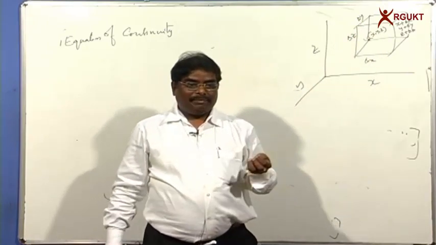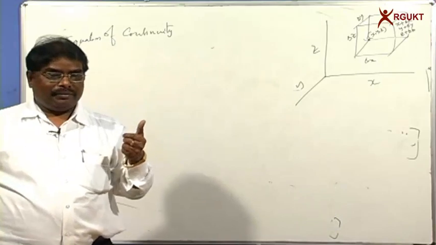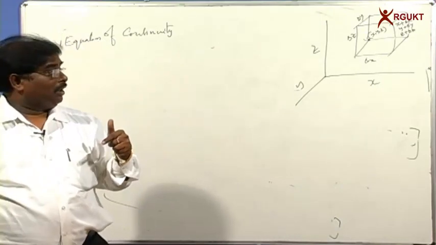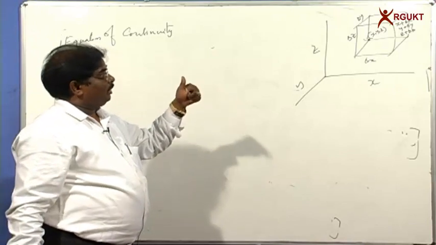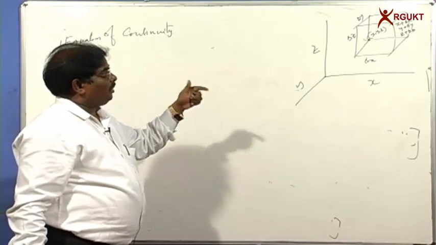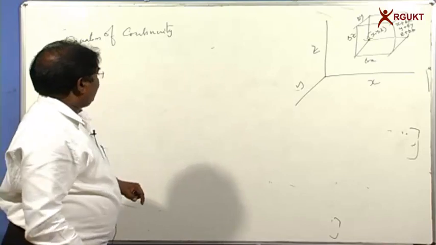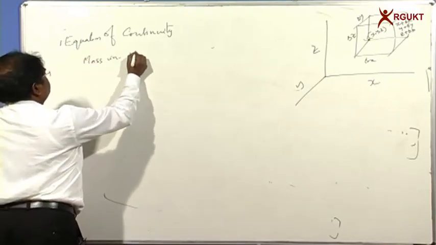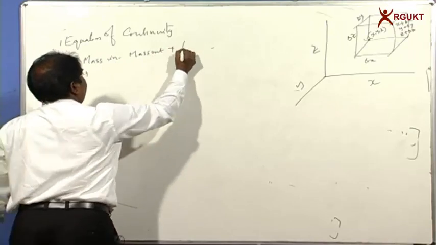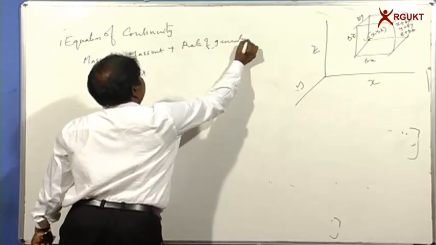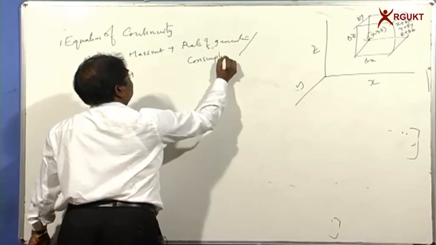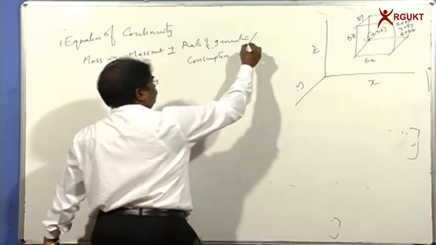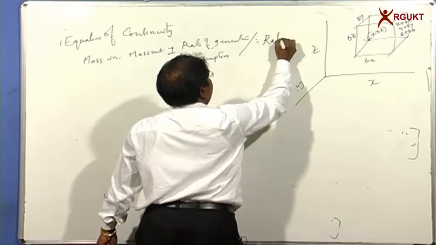And when the molecules enter the system, they may undergo some chemical reaction, so there is a consumption or formation of molecules of A. So we can write: mass in, minus mass out, plus rate of generation, or consumption written with a negative sign, is equal to the rate of accumulation.